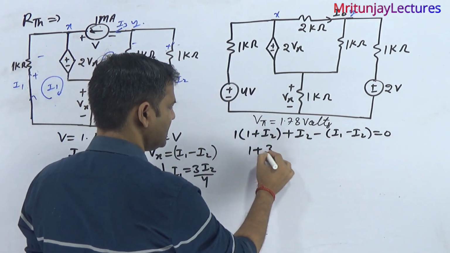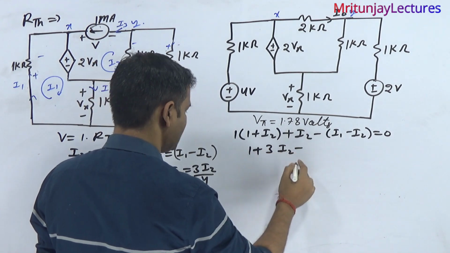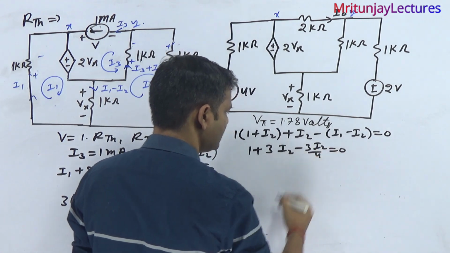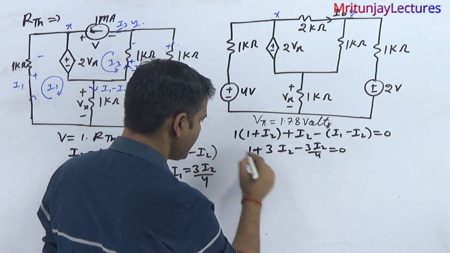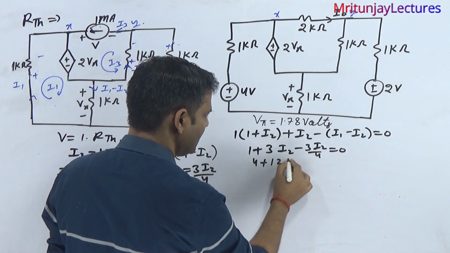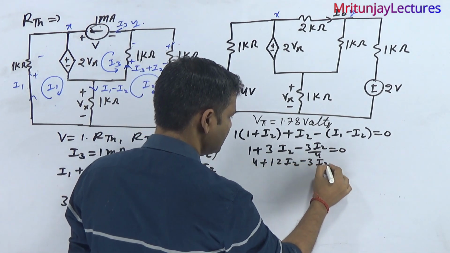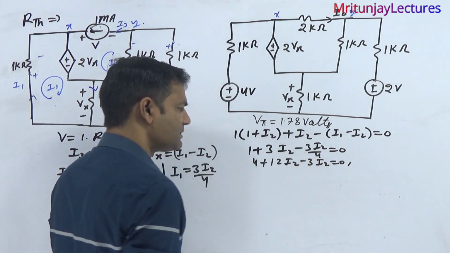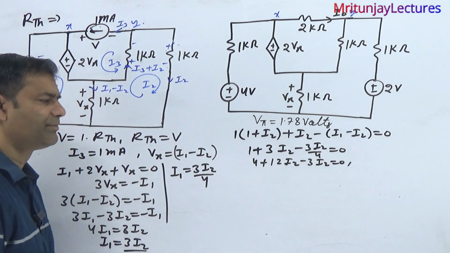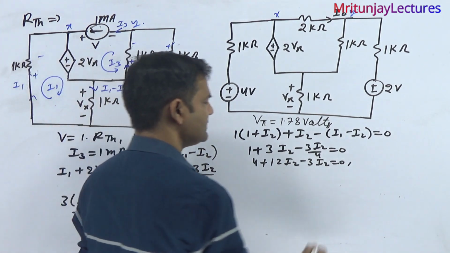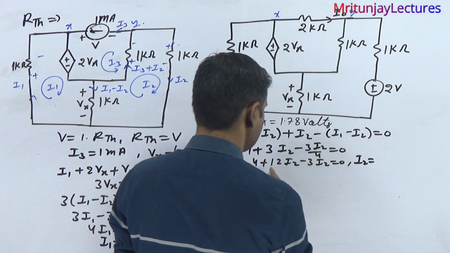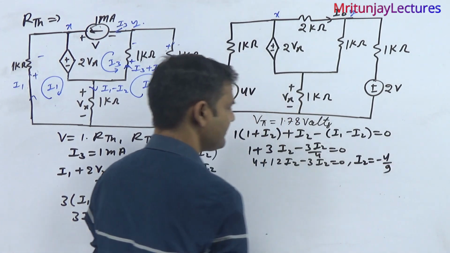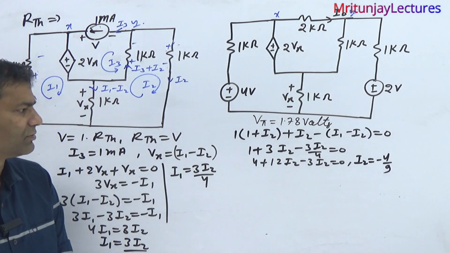So 1 plus 3I2 and minus I1. I1 is also put here, 3I2 divided by 4. This will be equal to 0. After solving, 4 plus 12I2 minus 3I2 will be equal to 0. 12 minus 3 is 9. So I2 is minus 4 by 9. Clear or not?